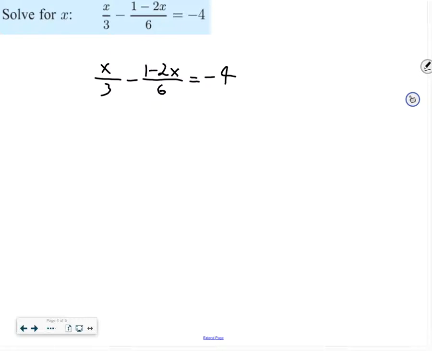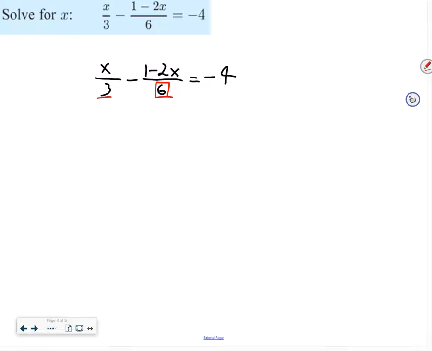So what I mean is, look at the denominators. Which one's larger? It's 6. Okay, and which one is our least common multiple of 3 and 6? Well, that is 6. It's a number that I can get to 6 with 3 and 6, so that's what I'm going to multiply this side by.